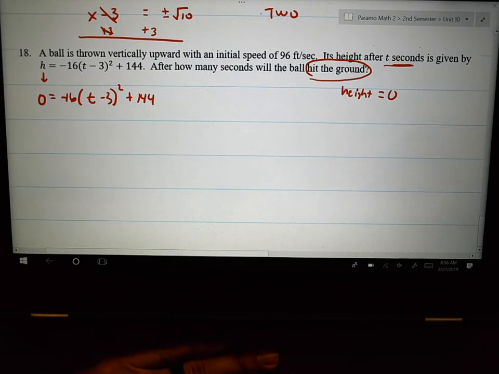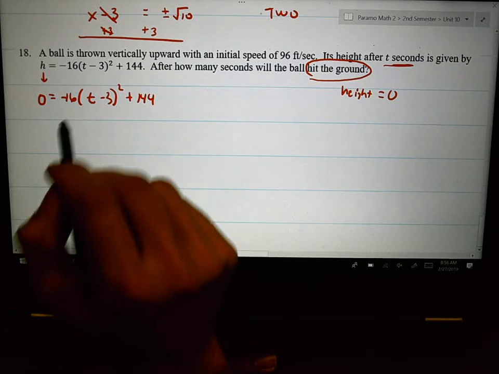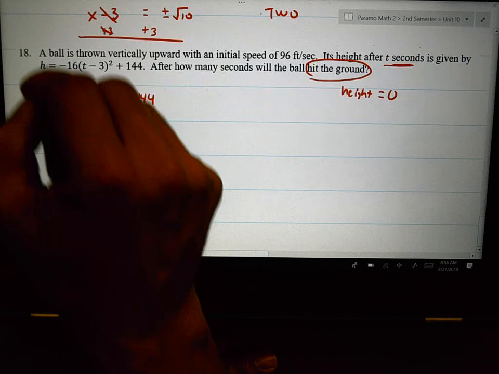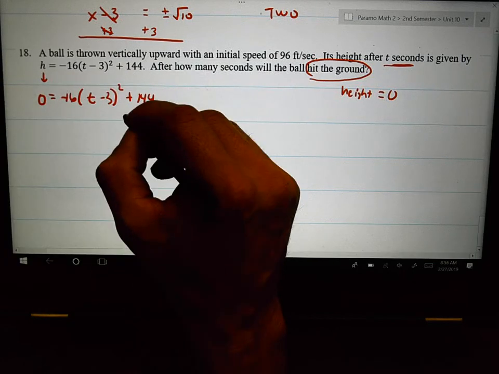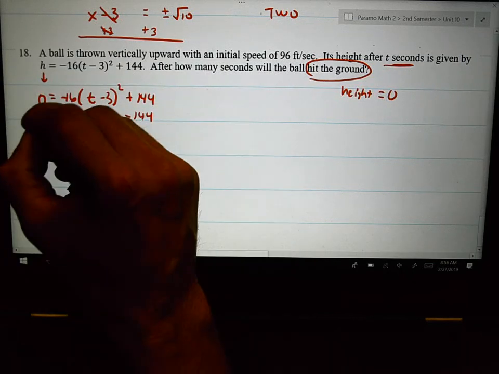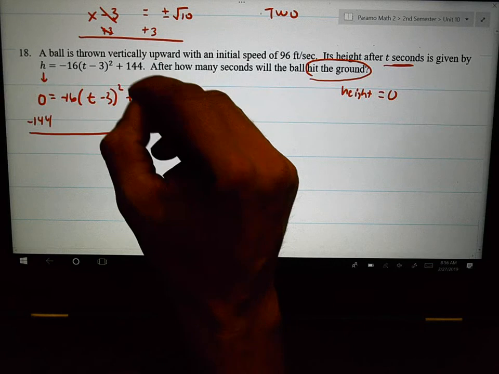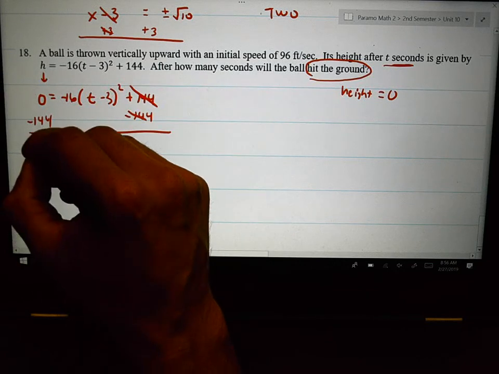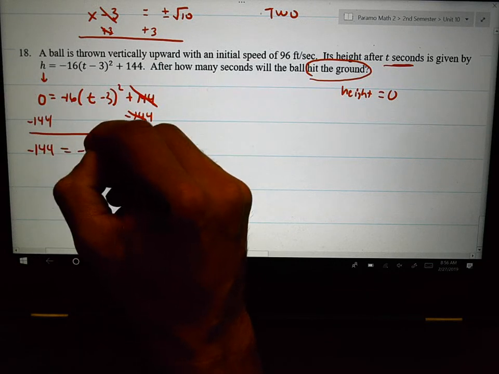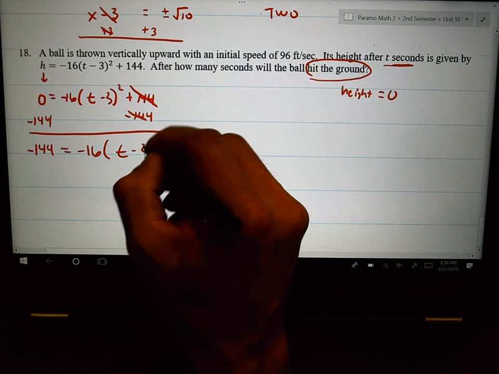And this is what we just did. We can figure out at what t value this will have a height of 0. So we subtract 144, just like we did before. Negative 144 equals negative 16 (t minus 3) squared.